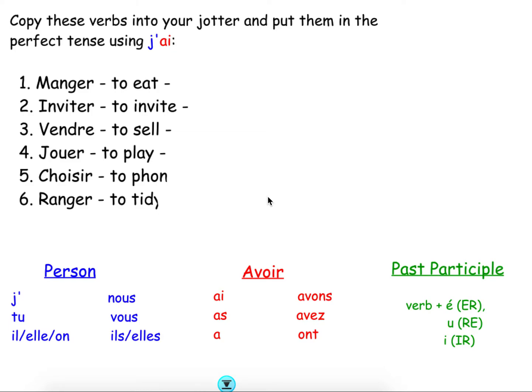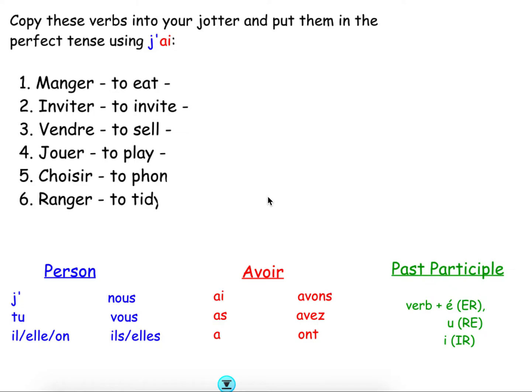Today we are going to be working on the perfect tense, continuing on from our last three-part series. So you should have watched the 3 videos on learning the perfect tense with ER verbs. So we did a bit of practice with that. We know that to form the perfect tense, we need 3 parts.